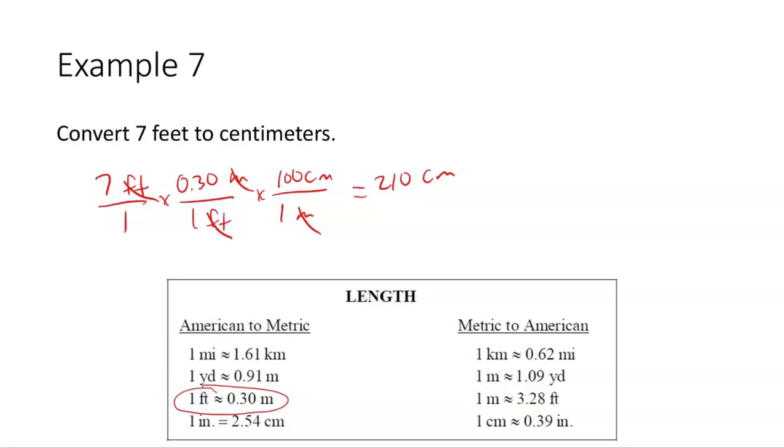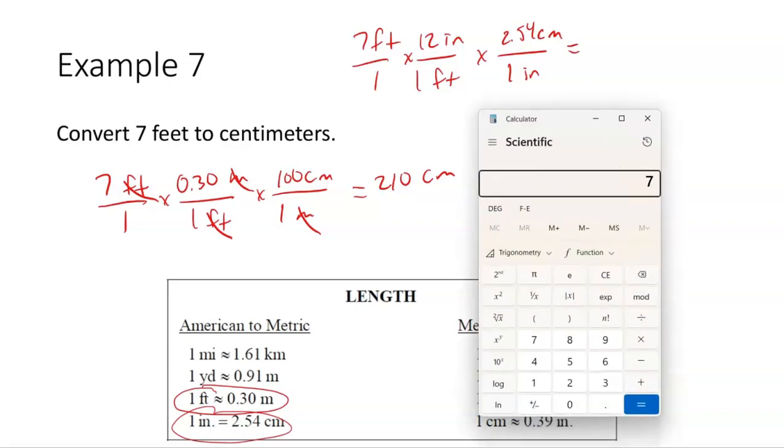Another way we could have done this would be that 7 feet, 1 foot is 12 inches. And what we know is that 1 inch is exactly 2.54 centimeters. So I can go 7 times 12 times 2.54.